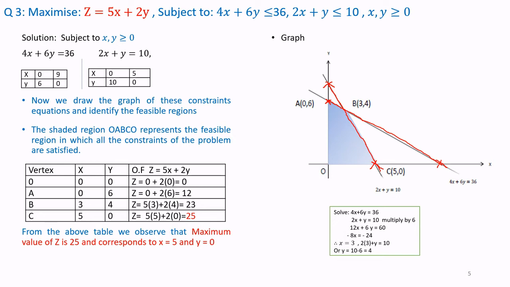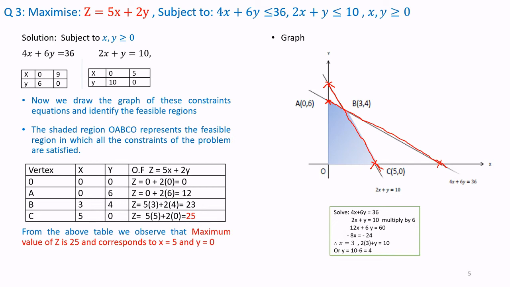A sample is shown in this text box, where we have the equation 4x plus 6y is equal to 36 and 2x plus y is equal to 10, and we are calculating the values of x and y as shown in the diagram. You can note it down and practice it.